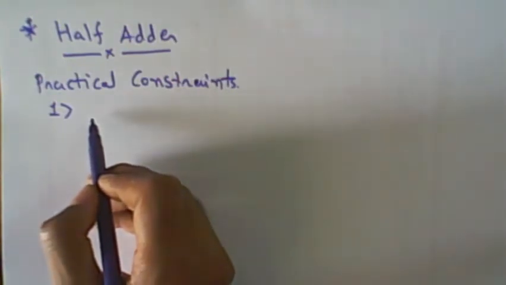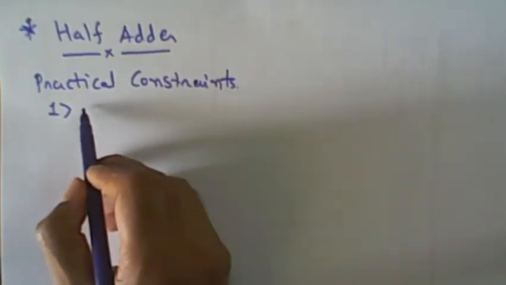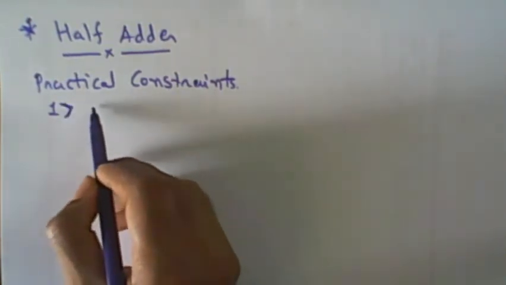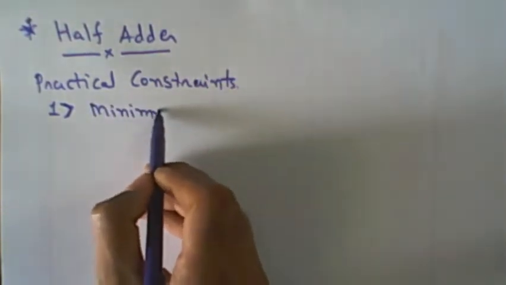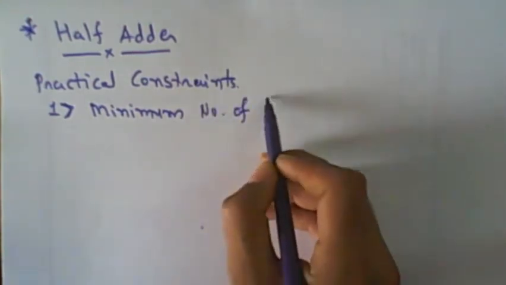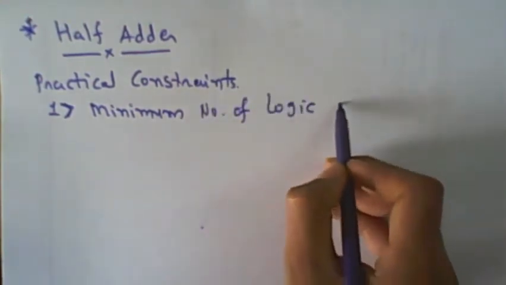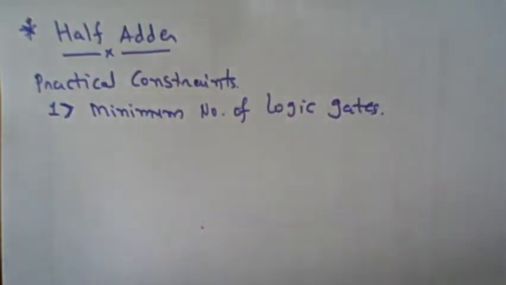First, the design should have a minimum number of logic gates. We have to design a combinational circuit in such a way that it requires a minimum number of logic gates.